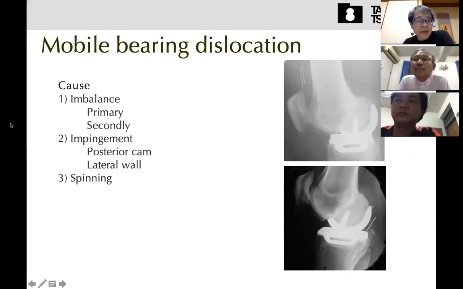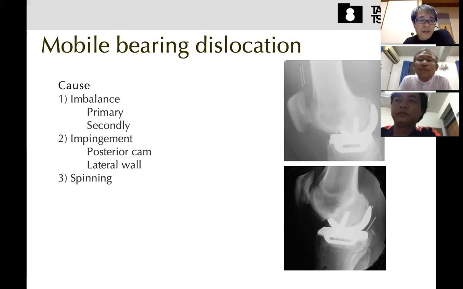Secondary imbalance sometimes occurs after a very tight gap, meaning a thicker bearing was inserted. It can cause abnormal elongation of the MCL, subsequent medial side loosening, and that can cause a secondary loose gap.